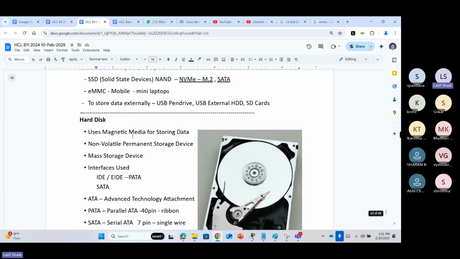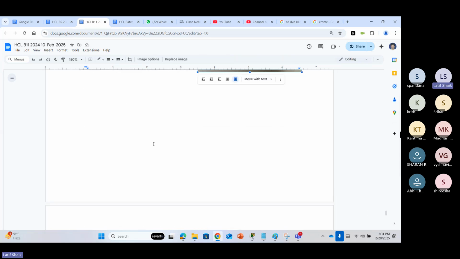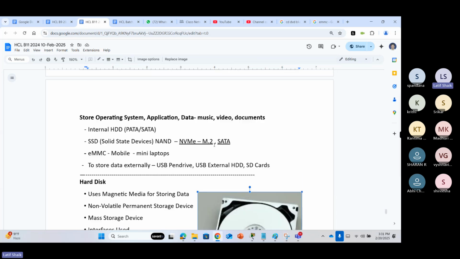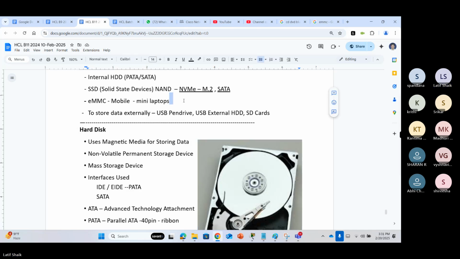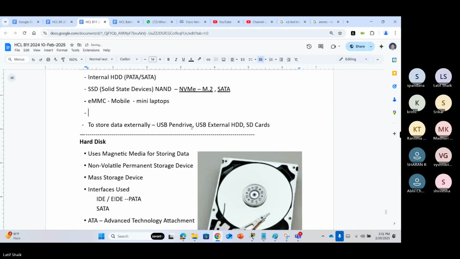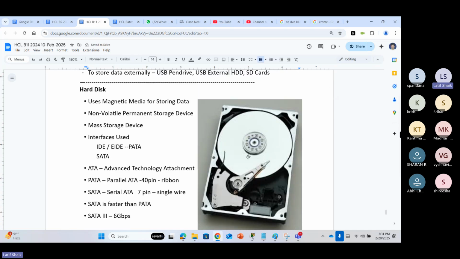Guys, this is the internal part of a hard disk. The round disk is called a platter. The needle-like arm shows a tip that contains a read and write head.